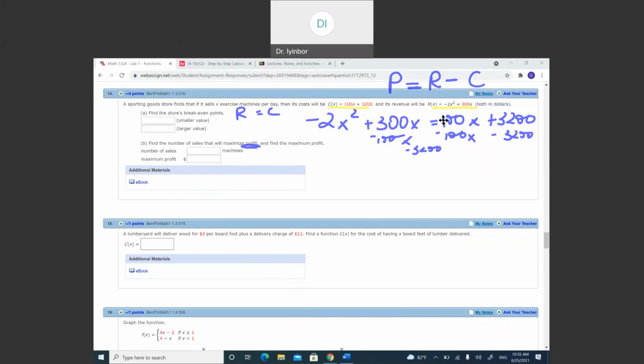Before I start using the formula, I have to have everything equal 0. So I'm going to have negative 2x squared plus 300x.